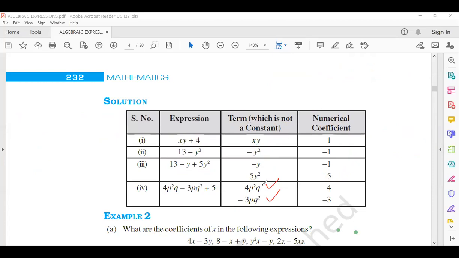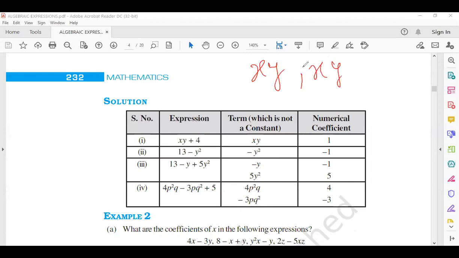Are you guys able to identify the like terms or not? Yes, sir. Please tell me, are these terms like or unlike? Unlike terms.